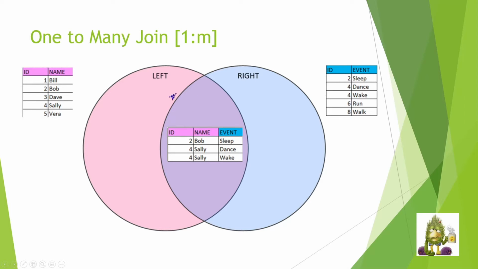So we can see again, since this is an inner join, we want to see the intersection. But in this case, when we join them together, Bob only slept, whereas Sally danced and woke. As you can see, that means that we joined the record for Sally to its 2 events over here, giving us a total of 3 records. The rest of the left and the right side were ignored.